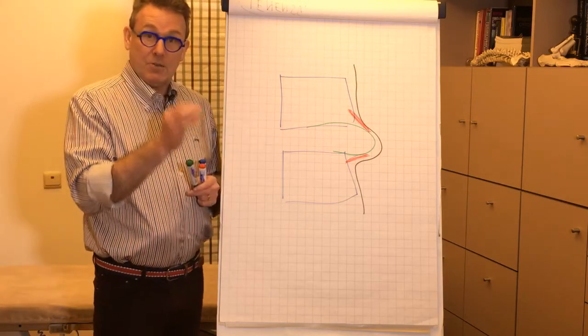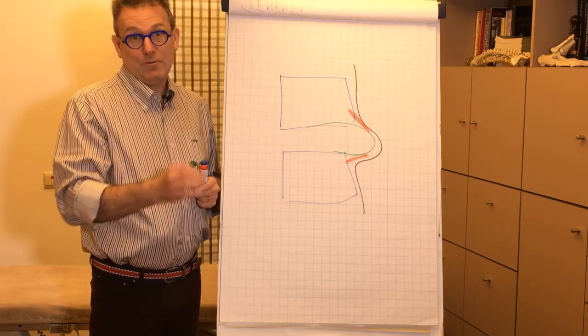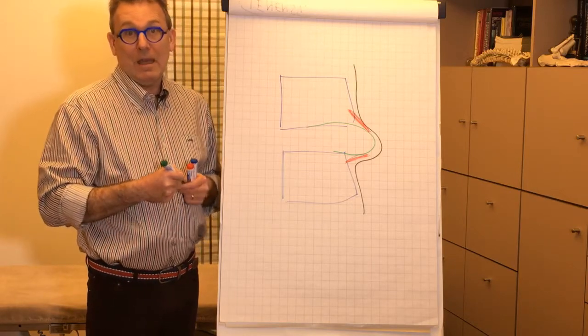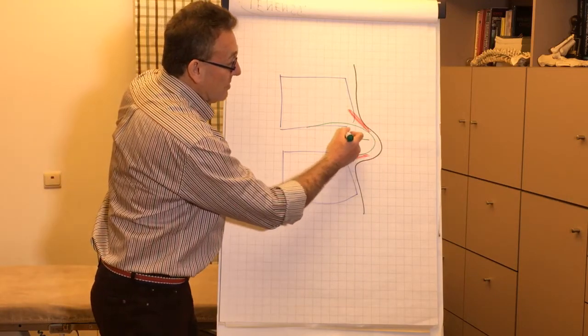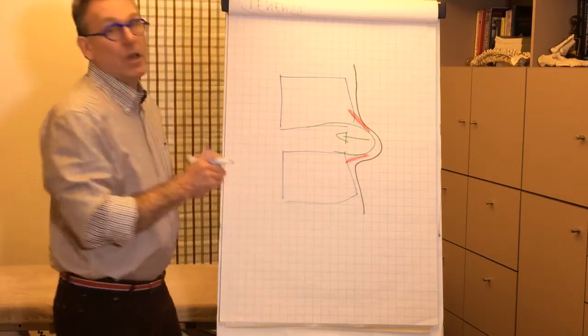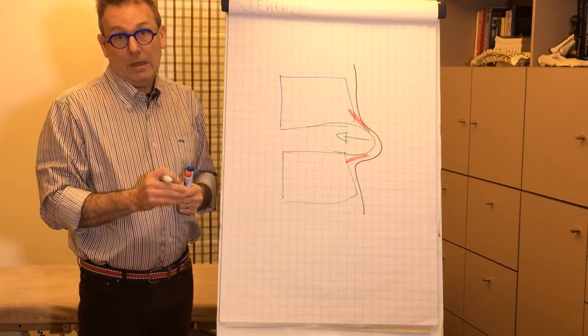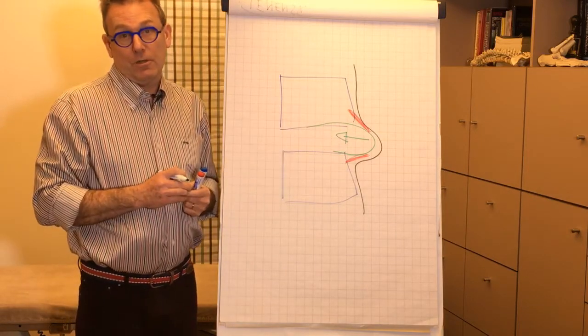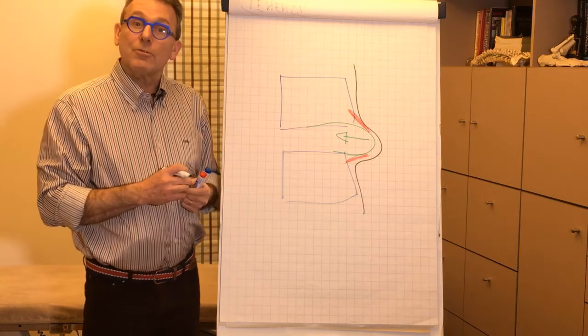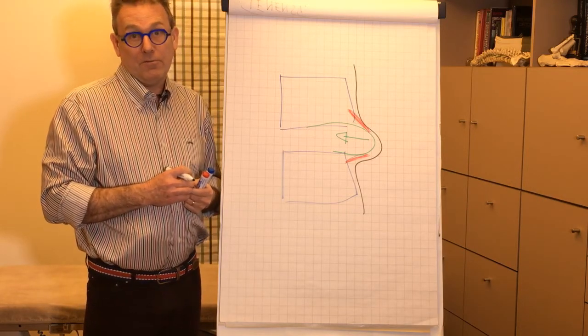If somebody has a posterocentral internal derangement in the cervical spine, and if there are no contraindications, we should do our best to reduce this as soon as possible. And then you're going to avoid overstretch of the longitudinal ligament, and you're going to avoid the formation of osteophytes.